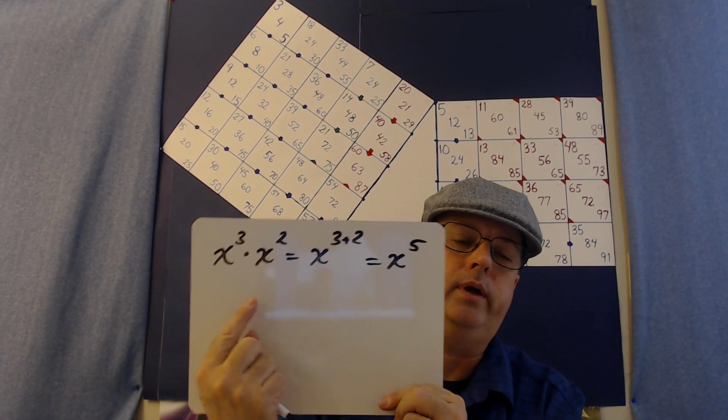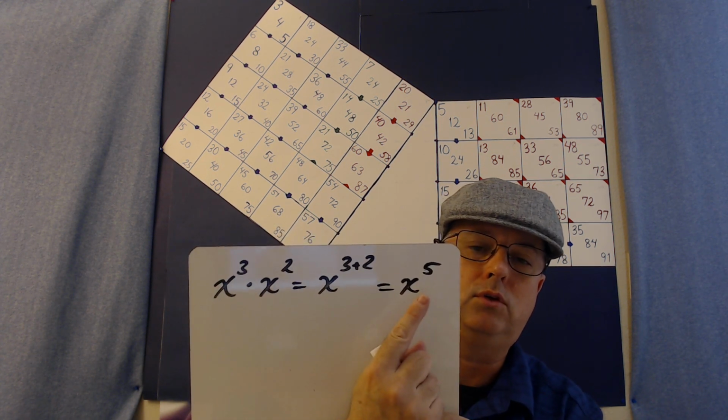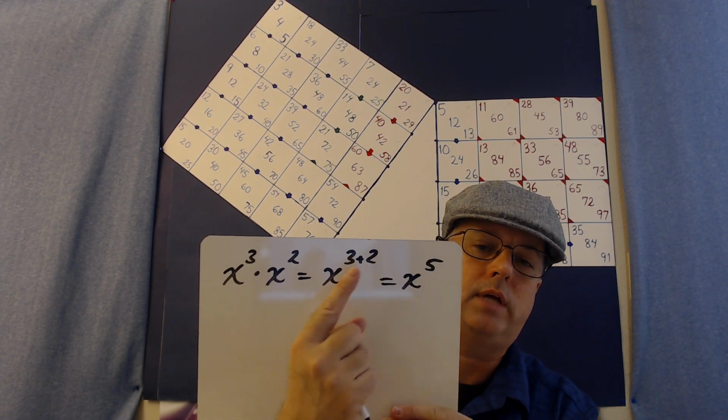If I have x to the third and x to the second, well, wouldn't I just add those and get x to the fifth here? Yeah, if I have 3 x's and 2 more x's, then don't I have a total of 5 x's? I'm just adding those exponents.